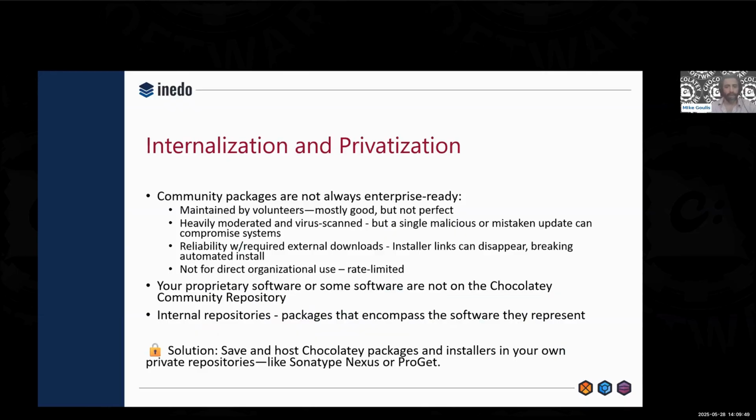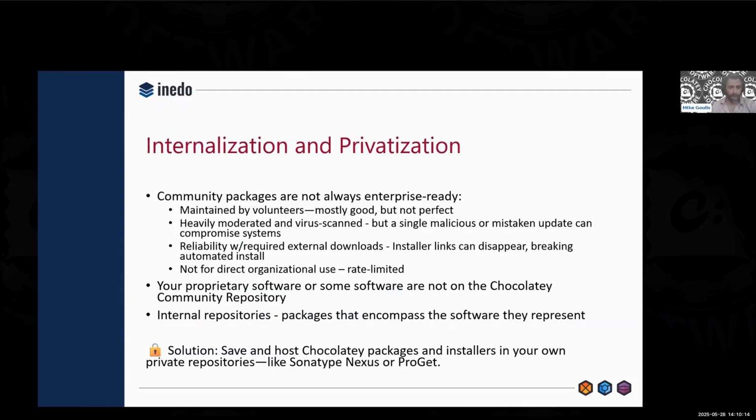We're going to talk about the importance of internalizing and privatizing packages, right? It's a very important consideration in more of an enterprise setup. So chocolatey.org is an incredible resource, and most of the community packages, as I mentioned, are maintained by responsible open source contributors and even some of the Chocolatey team themselves.